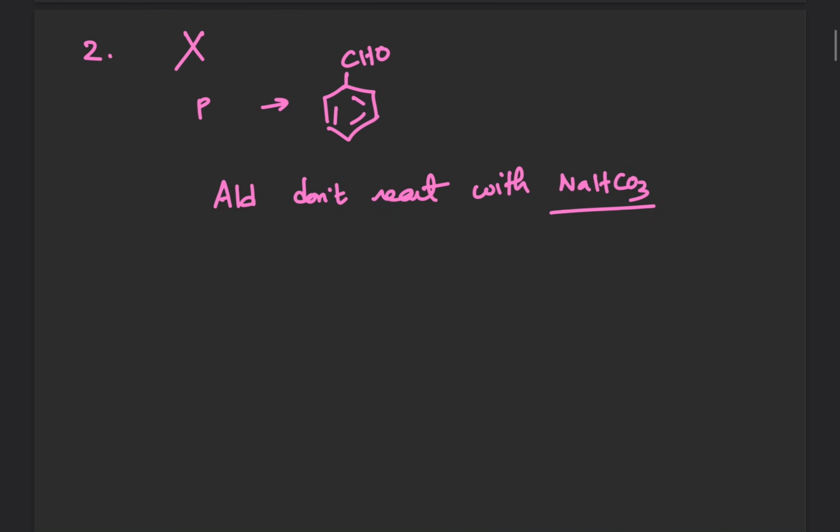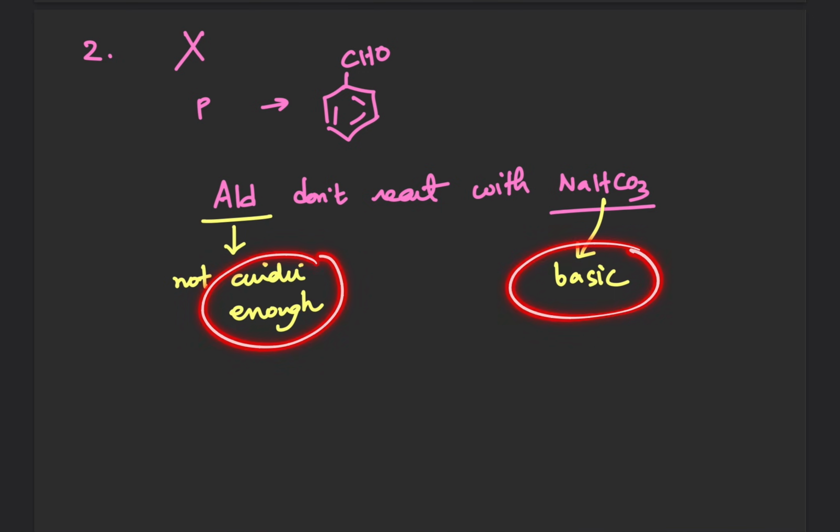The reason is this is basic, but aldehydes are not acidic enough. Therefore, no acid base reaction takes place, and there is no evolution of CO2, that is effervescence. So they don't react at all.